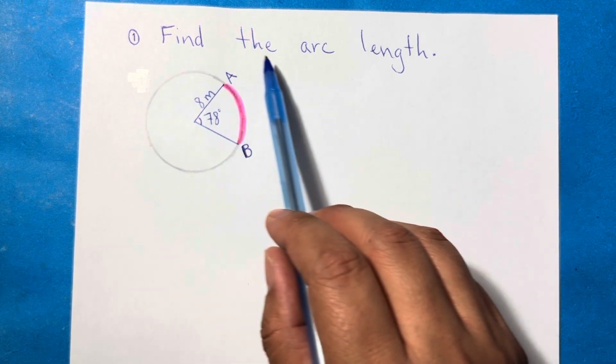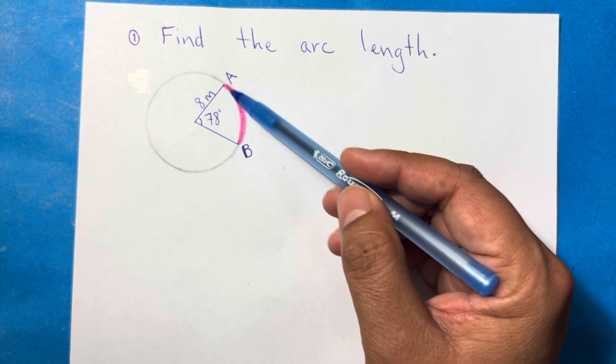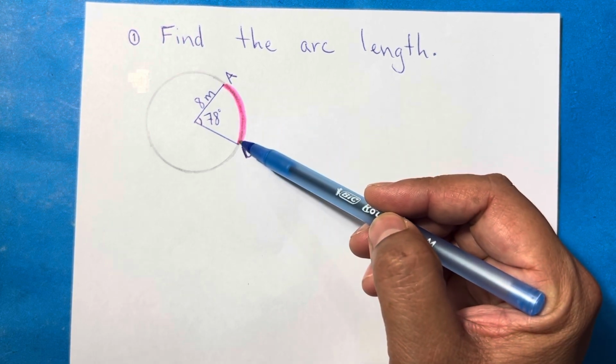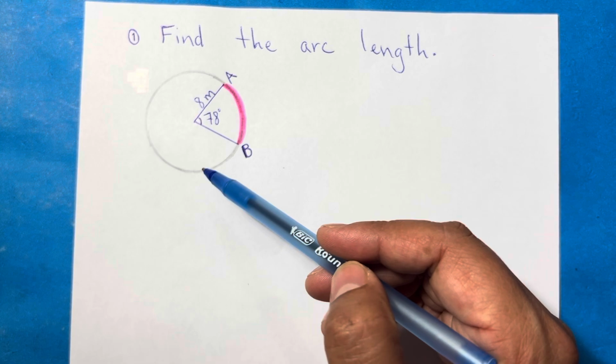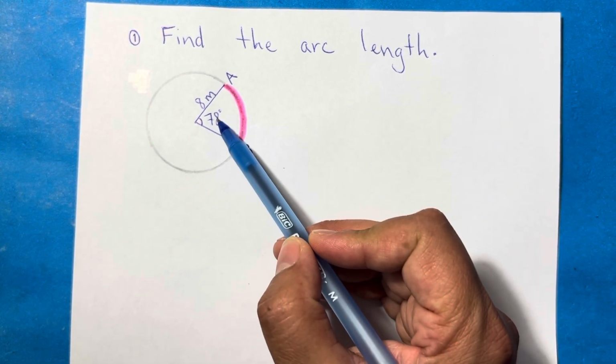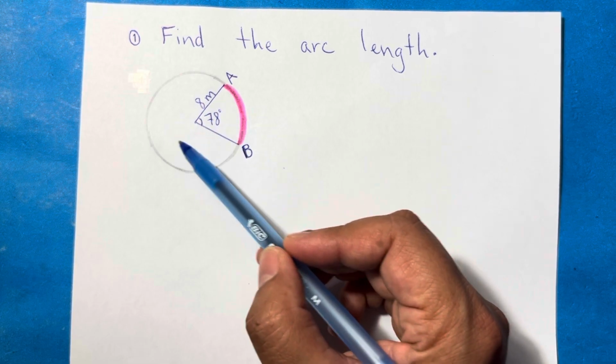It says find the arc length. This pink section or length, that's what we're supposed to look for. So this is part of the entire circumference, and 78 degrees is part of the entire 360 degrees.